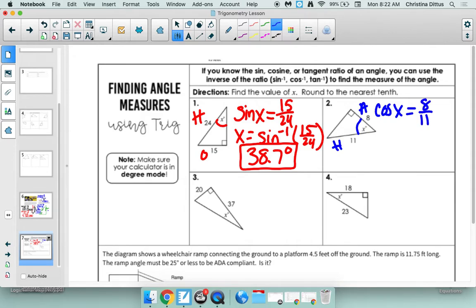So what you're putting into your calculator is inverse cosine of 8 over 11. Give me one decimal spot. 43.3. And these are degrees that we are talking about.